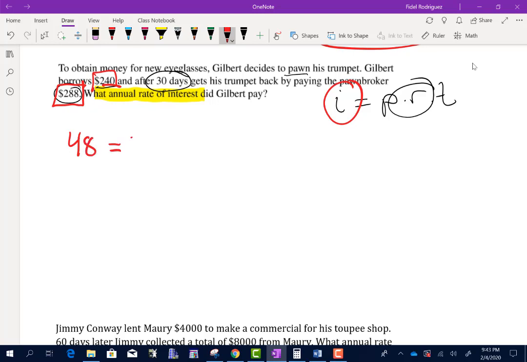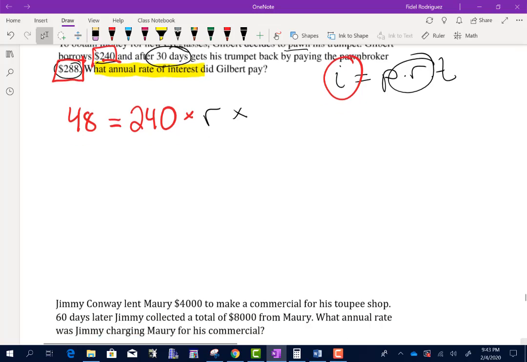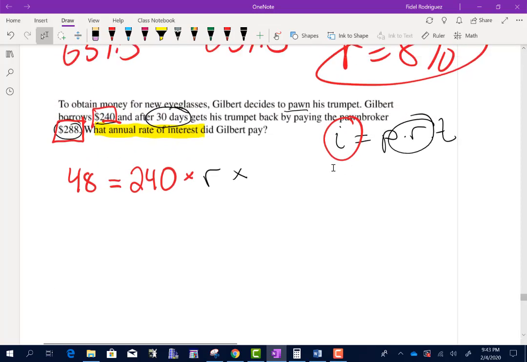Now the money that we borrowed was the 240, times the R, which is what we're trying to find. And this was over a period of 30 days. So I'm going to write 30 over 360.